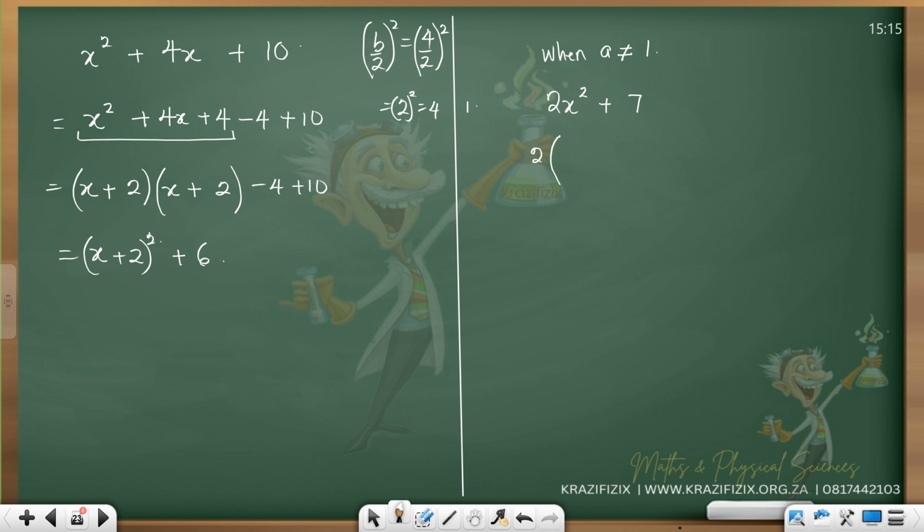Now, guys, I hope that step is important. Pull out that 2 and then divide everything by 2. So if I expand this, I'm going to get what's on the top.